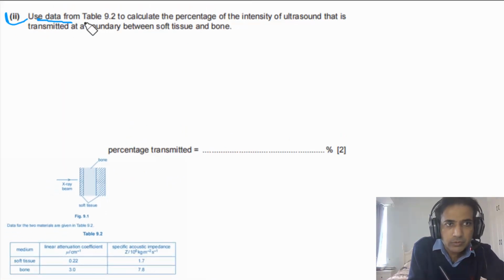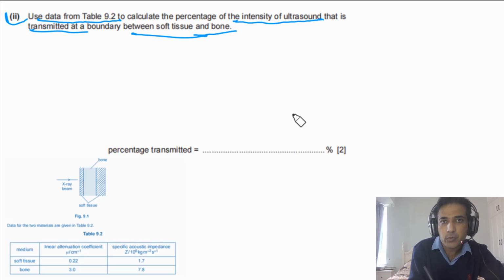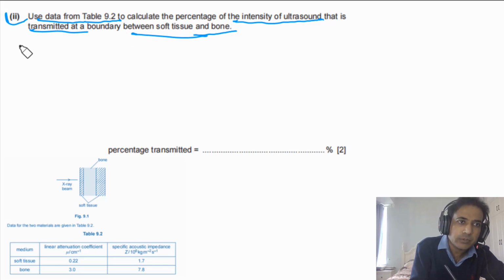The second part says use data from table 9.2 to calculate the percentage of the intensity of ultrasound that is transmitted at a boundary between a soft tissue and bone. For this purpose, first of all we can draw it. So this is soft tissue, and here we have the bone.